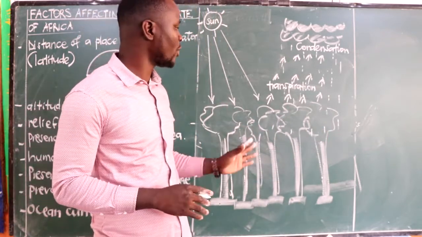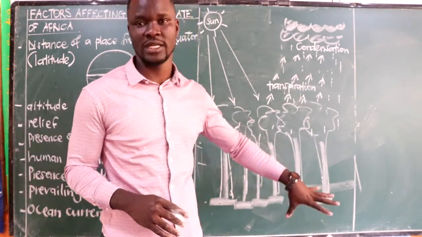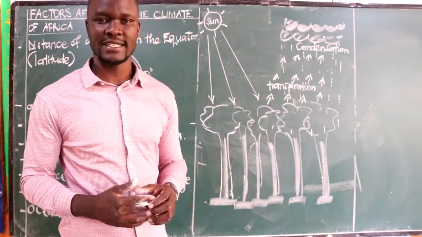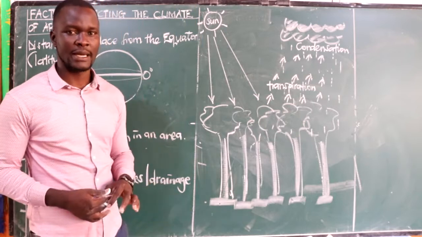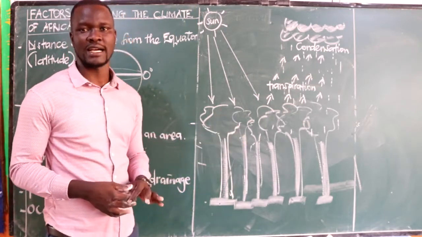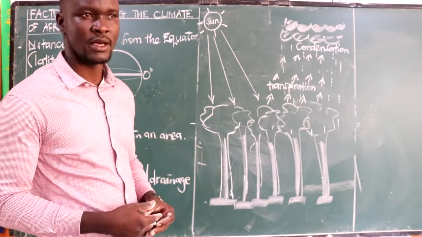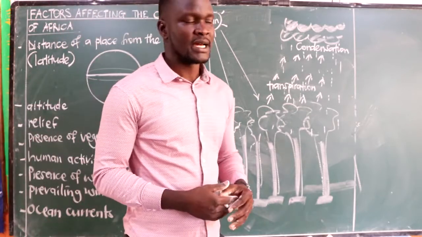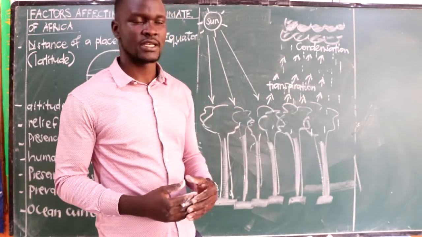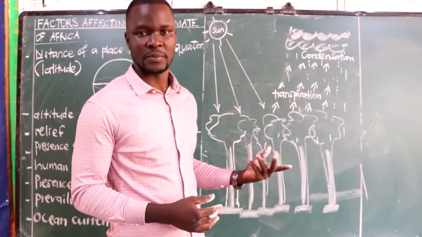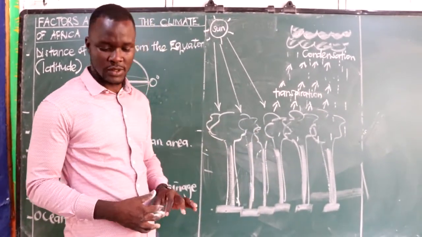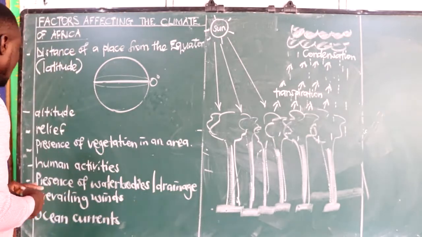So that is how the presence of vegetation in an area can influence, affect or determine the climate of an area. For this case, we shall have the climate very nice to live in. But if the area didn't have this vegetation, then this area will not be having rain formed. So that is what we need to note about that.